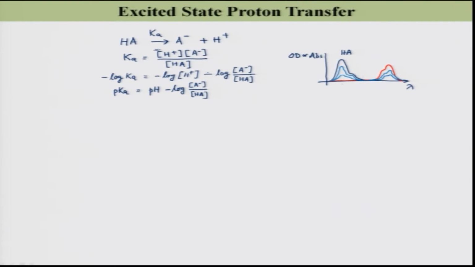Here, these two, HA and A minus, are well separated, not overlapping with each other. If they overlap, you have to do a little more calculation to get the relative concentration of HA and A minus as a function of pH, and once you know that, you will get this part, and you already know the pH, so you will be able to calculate the pKa.